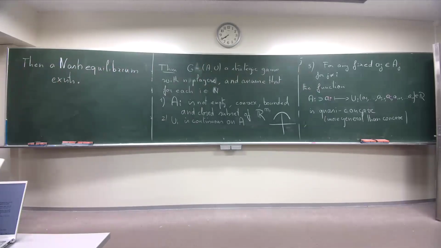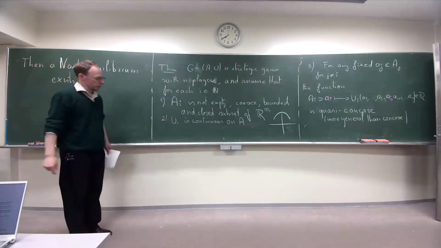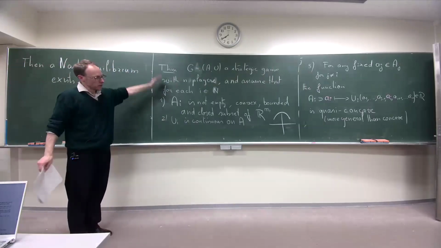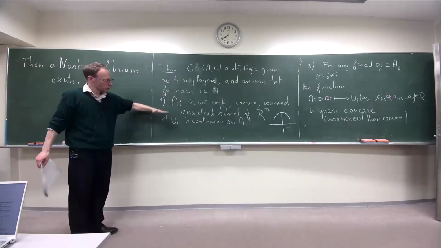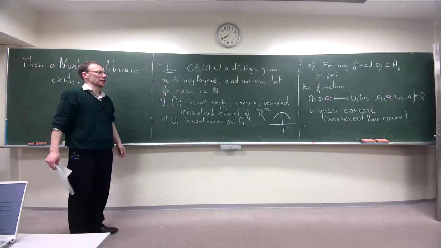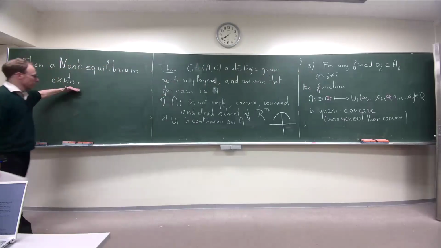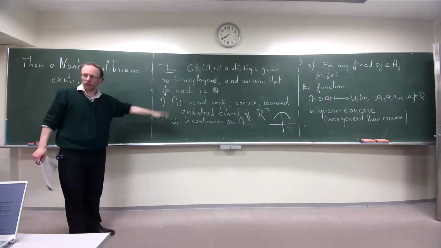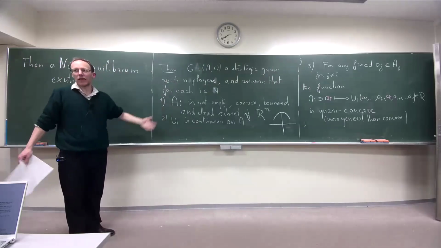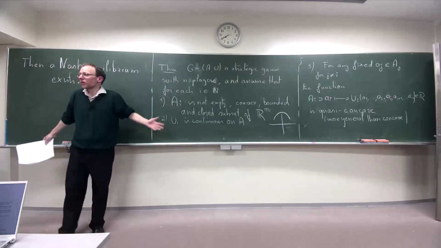So we define what is a Nash equilibrium, and there is this rather deep result which tells you in a certain framework with these three conditions satisfied, there exists a Nash equilibrium. But it doesn't tell you that if you are not in this framework, a Nash equilibrium does not exist. You don't know.